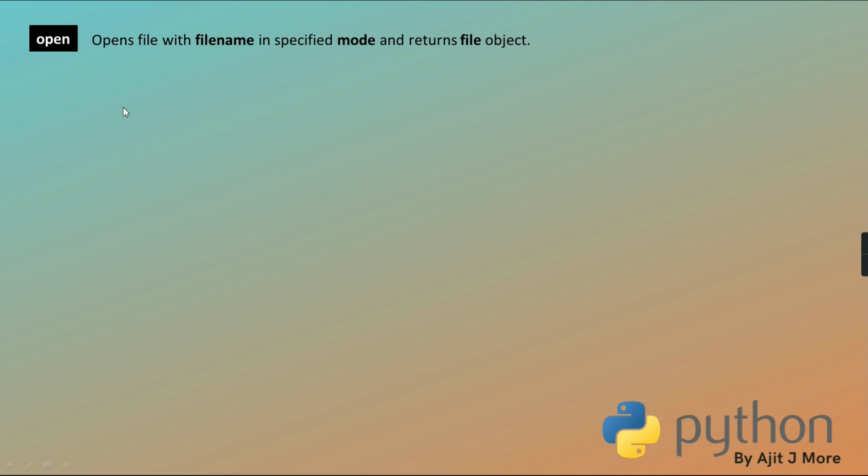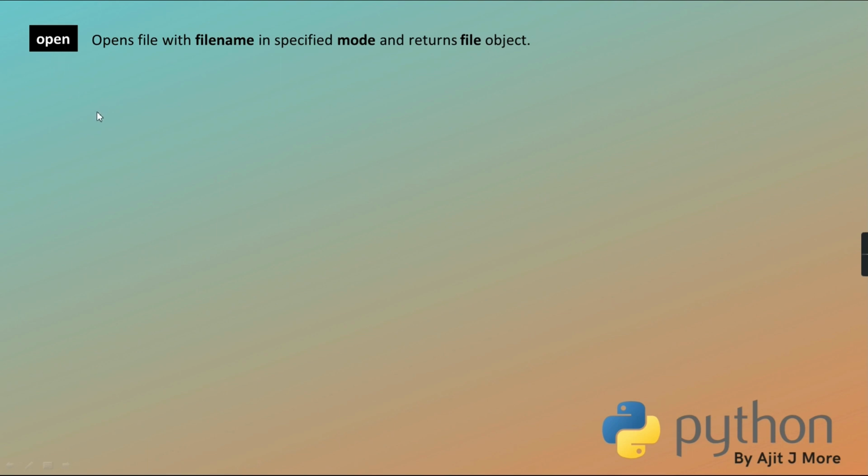Then we saw oct, bin, hex, chr, ord, then map, filter. The exact same kind is open.